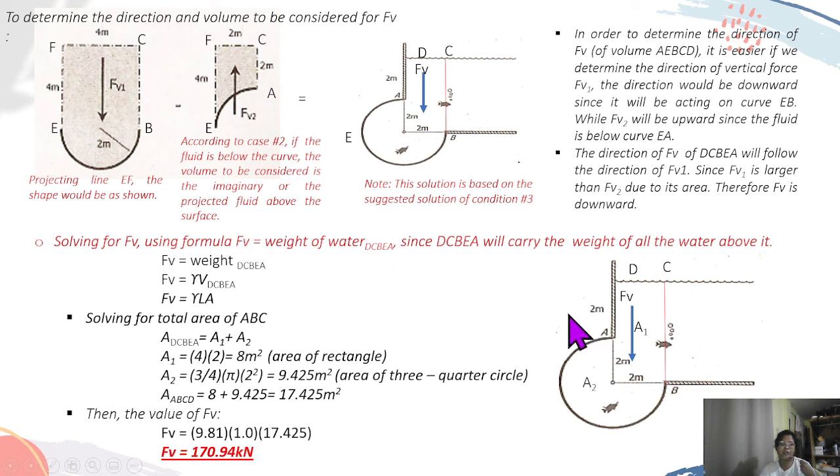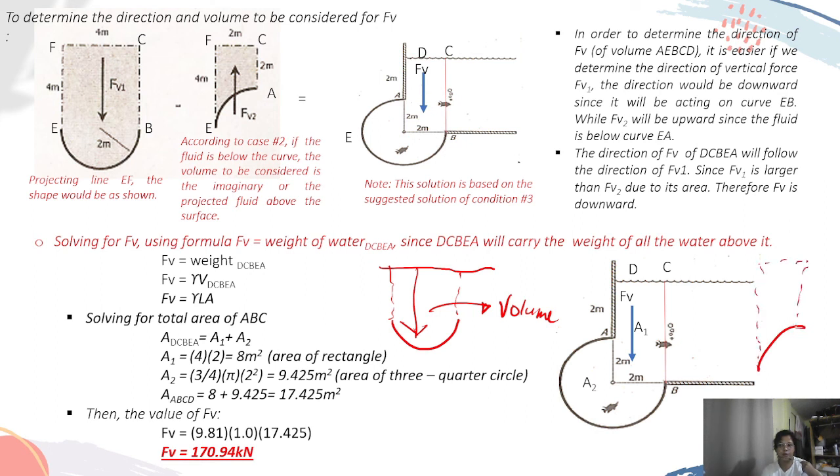So, ganito ang ruling. Kapag ang ating liquid is nasa taas or napapatungan nitong curve, so ang kukunin mo dyan, syempre, is the volume of that. Pero kapag ang liquid is below, meaning wala dito sa taas niya yung liquid na andito sa baba, magpo-project ka dyan ng imaginary weight.